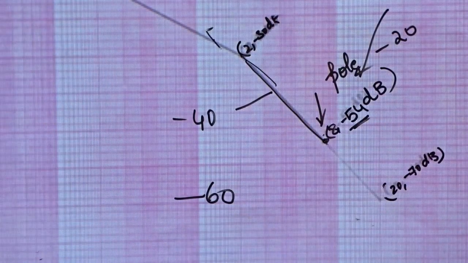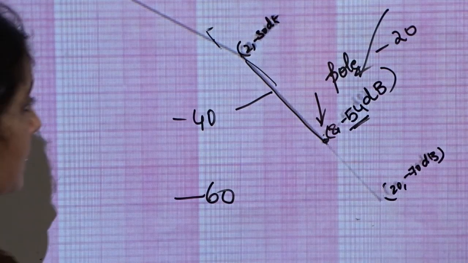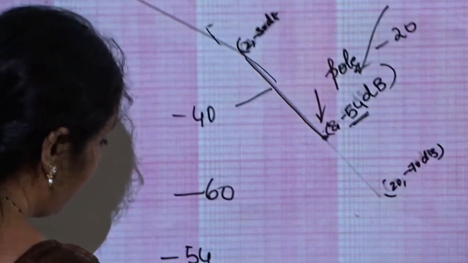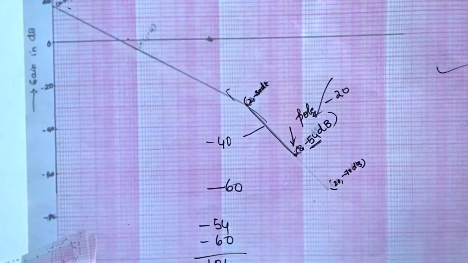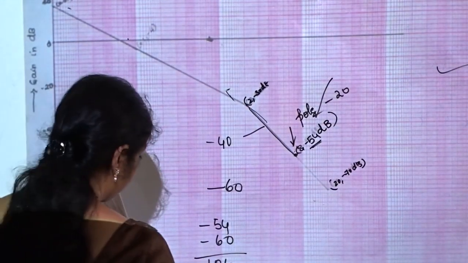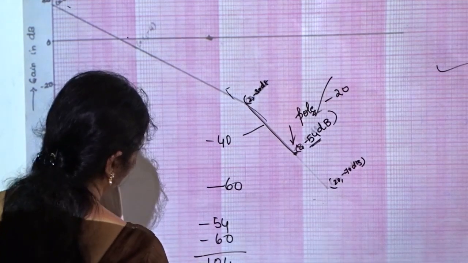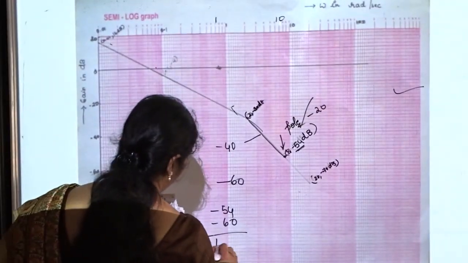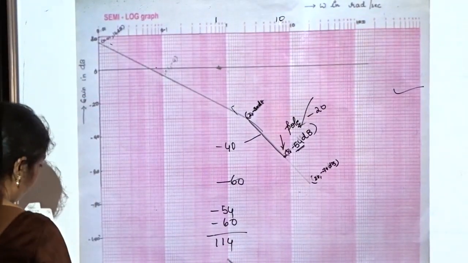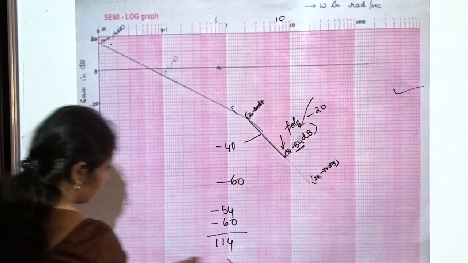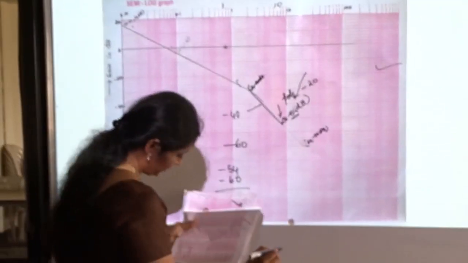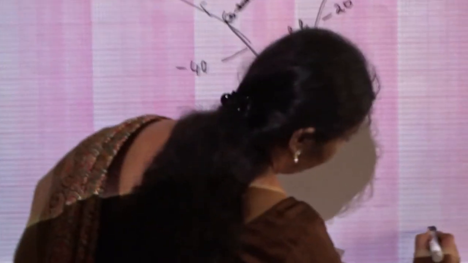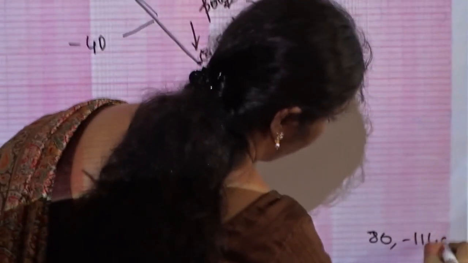If this is minus 54, to get a difference of 60, minus 54 minus 60 is minus 114. The coordinates will be 80 comma minus 114 dB.